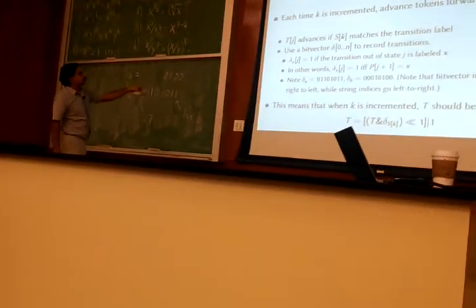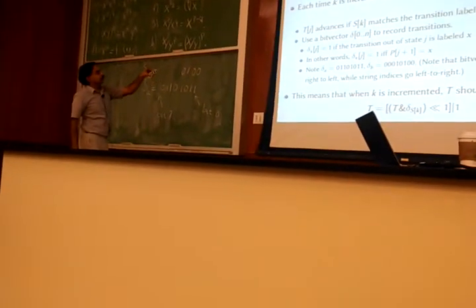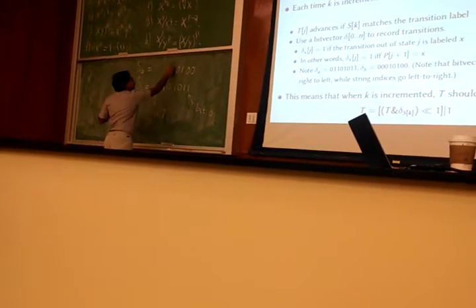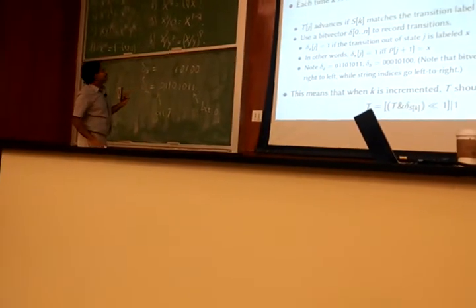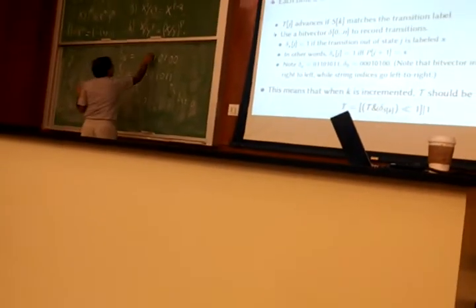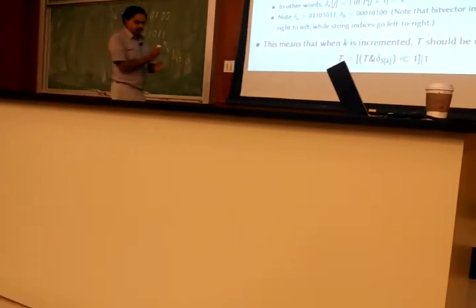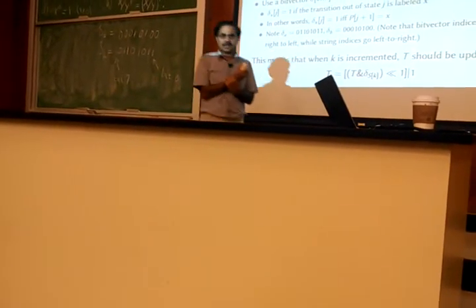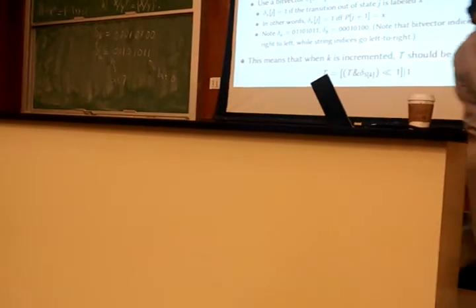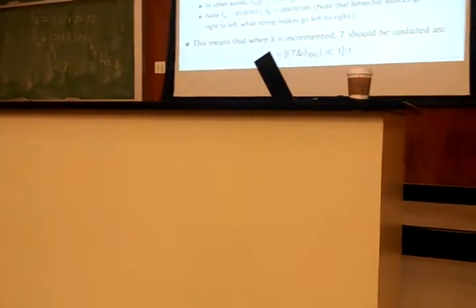Let me see what I got: 0, 0, 1, 0, 1, and then 0, 0. So this is always going to be 0. Okay, that's fine. That says which tokens can advance on B.